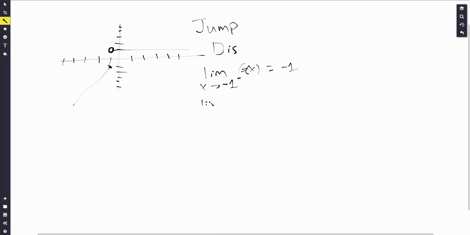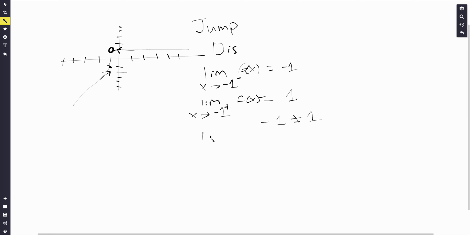And the limit as x approaches -1 from the right side of f of x, again, would be right here because it's the right side, and the left side would be right here. This right side would be +1. So as you can see, we get two different values. -1 does not equal 1.